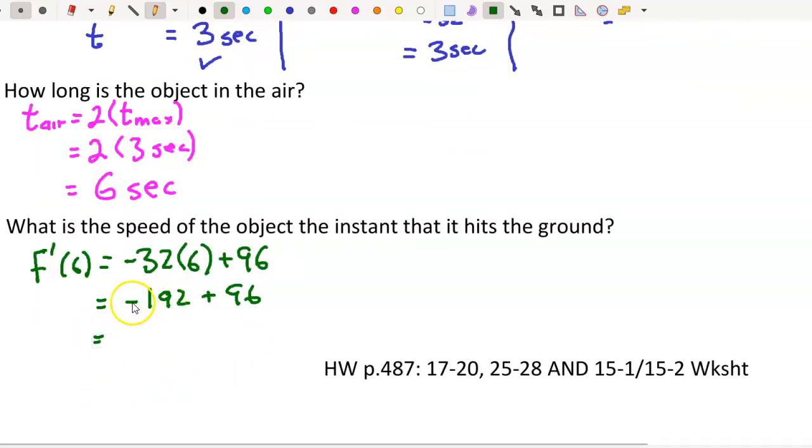And sure enough, a big negative plus a smaller positive, we'll get a negative answer. That's good. If I didn't get a negative here, I'd be in trouble. So that comes out to negative 96. And since it's a speed, it's a rate, right? As soon as you see this, you know our units, what they should be. Hits the ground, you know it should be a negative.